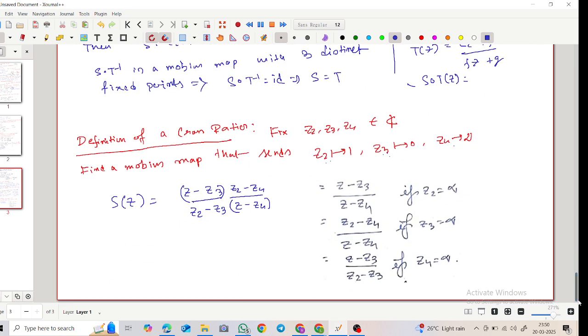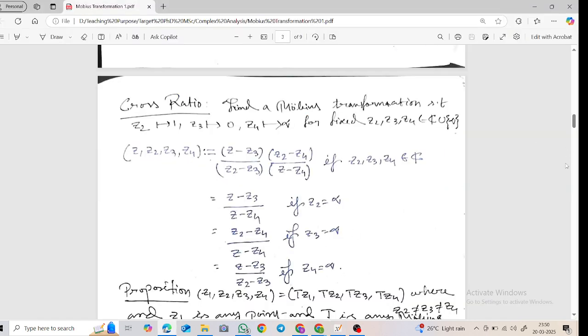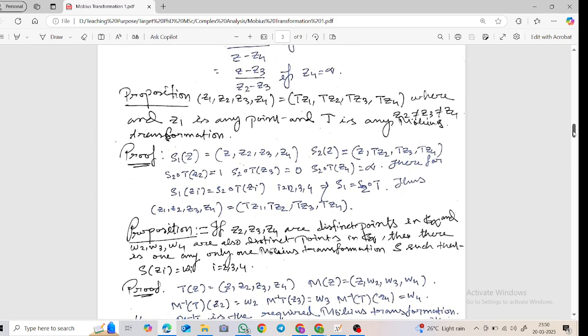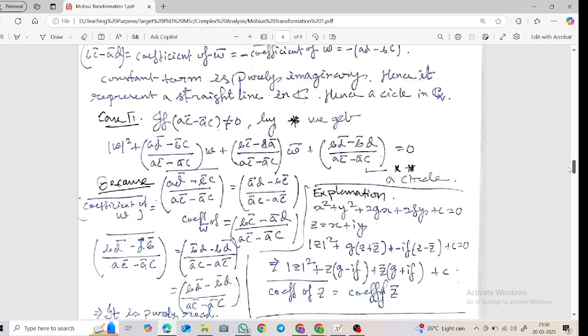Okay. Okay, so let's conclude today. We will move on to propositions, things regarding cross ratio. Let's see how much we can go.